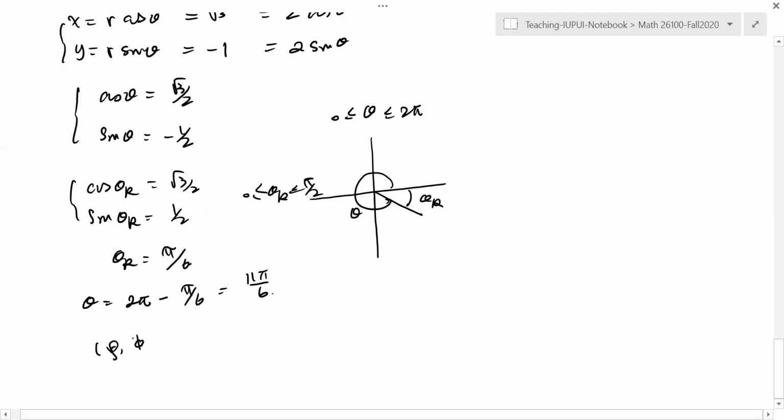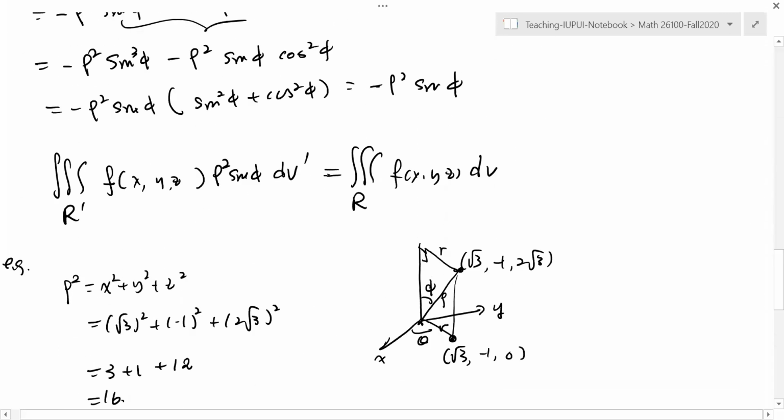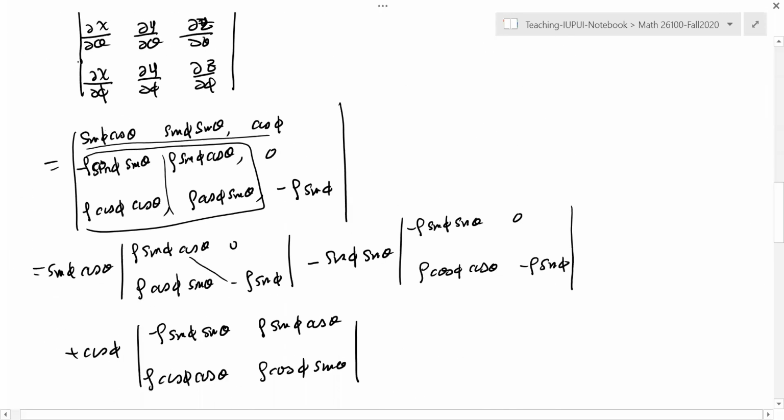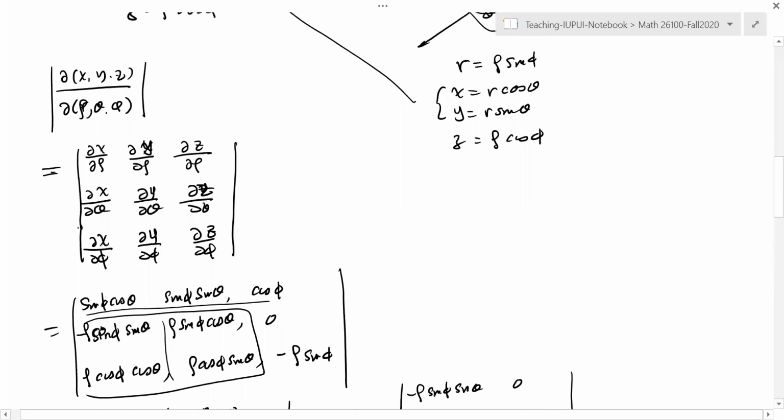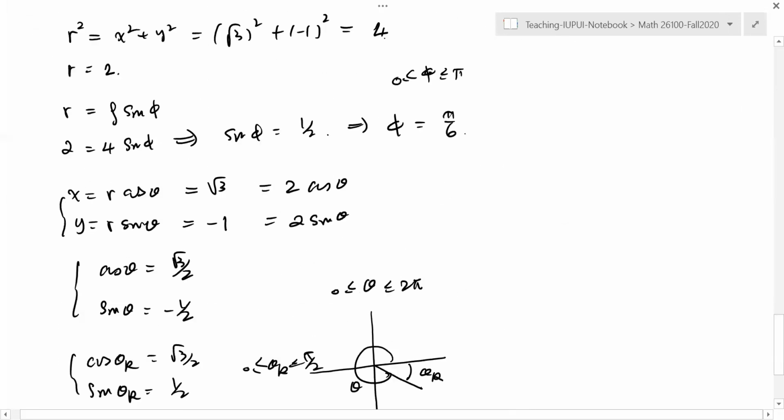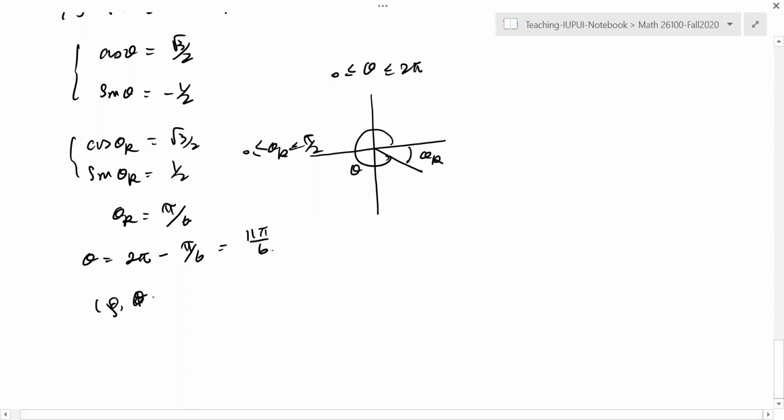Now you have rho, phi, theta, or theta, phi. Which one is first? We have to see the order, right? We usually use rho, theta, phi, theta first. Then there will be 4, theta is 11 pi over 6, and phi is pi over 6, and that corresponds to xyz, which is square root of 3, -1, 2 square root of 3.